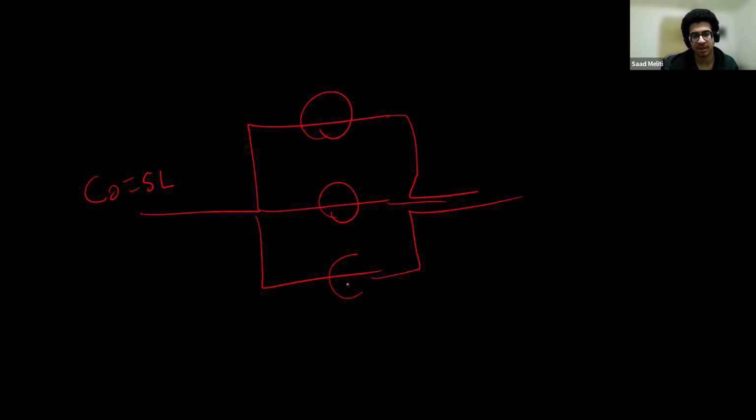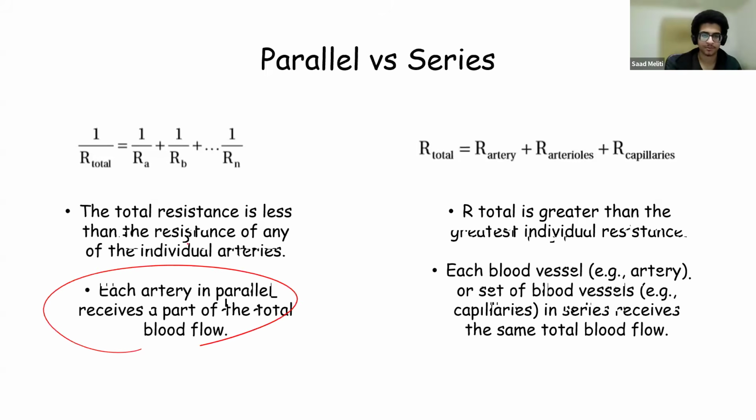This is a bunch of organs. Instead of 5 liters going through all of the compartments, each one is only going to get a bit of the cardiac output. So, for example, this one is going to get 2 liters. This one will get 1.5 liters. This one will also get 1.5 liters, for example. So each parallel vessel will get a different amount of the flow or the cardiac output, okay? So that's what this means, okay?